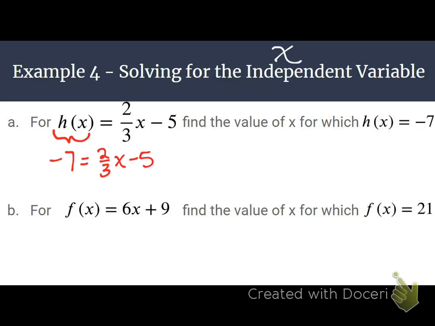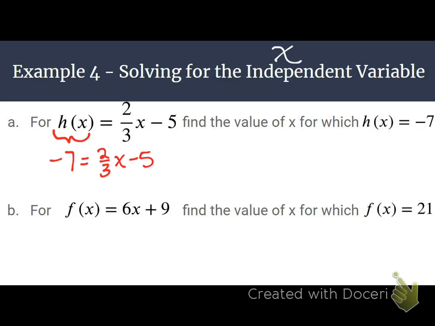If it were to be like that, then we would say that that's an equation in one variable, not two. This one, technically, the h of x is in place of having something like a y. But if you just had an x there without a function name, then it is a different type of problem completely.